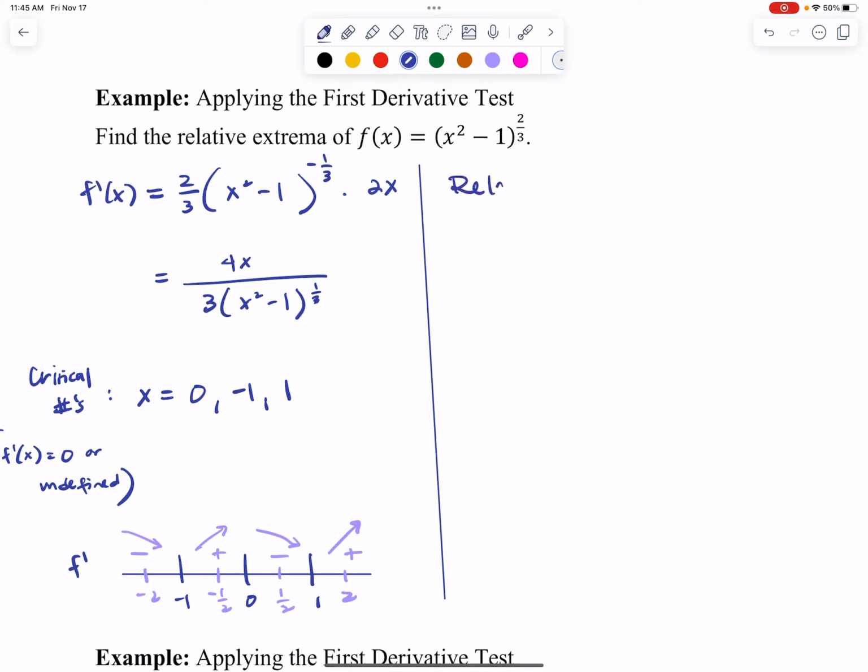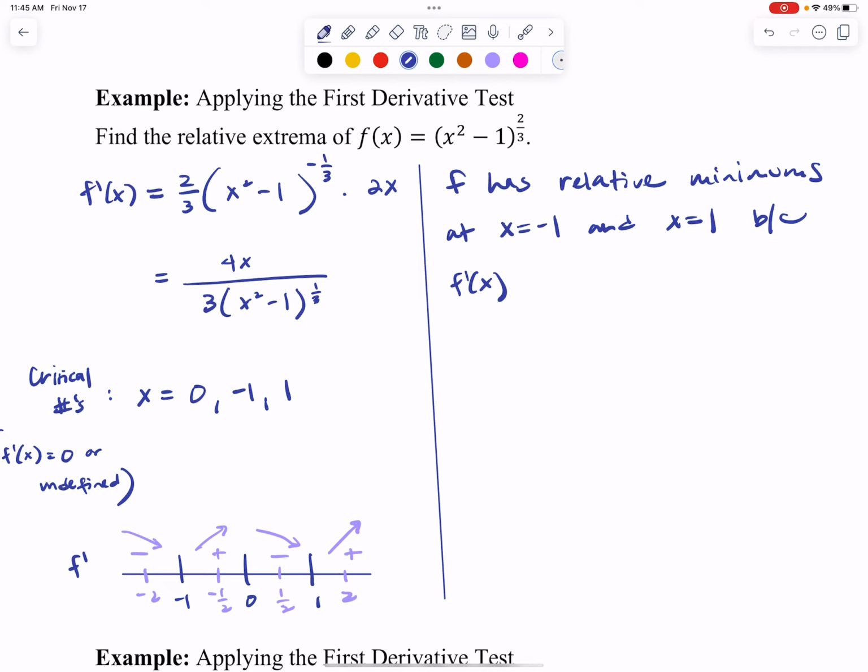So we can say f has relative minimums at x equals -1 and x equals 1, because f prime changes from negative to positive at these values, or at x equals -1 and 1.